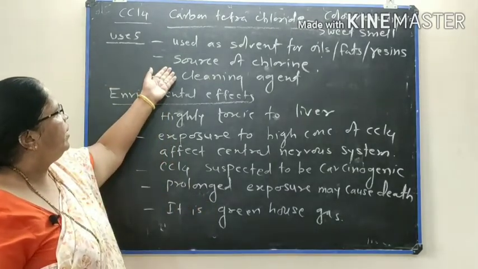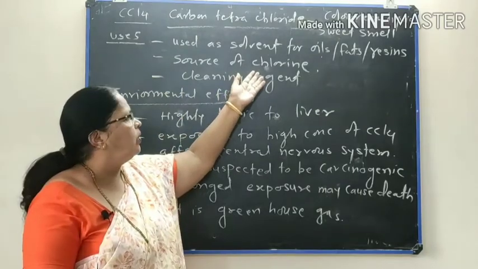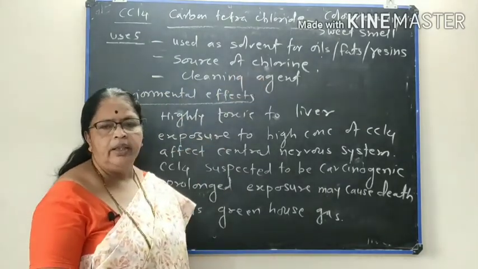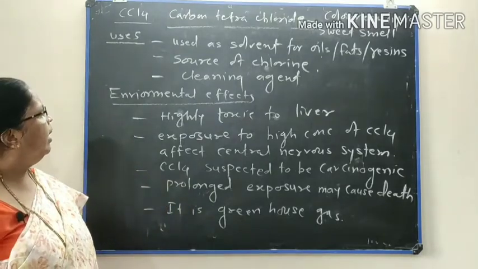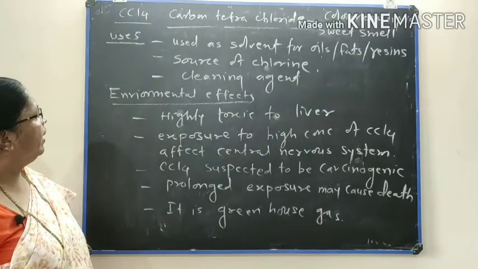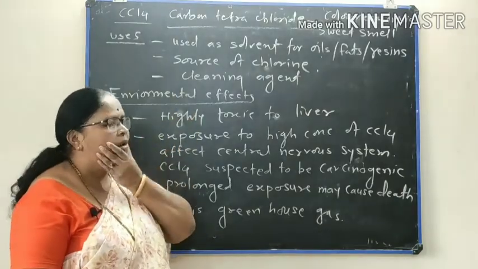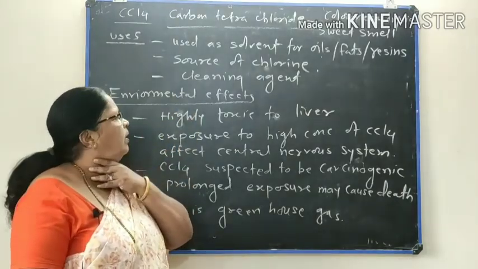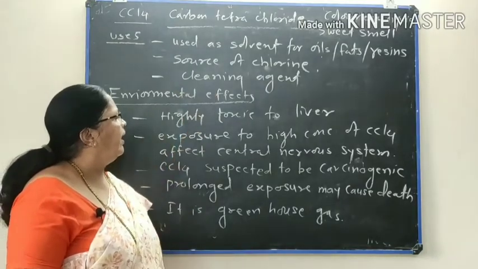Next, it is used as a source of chlorine. And third use, as a cleaning agent. Chlorine is obtained from carbon tetrachloride, and that chlorine is used as a bleaching agent. So mostly you can see that carbon tetrachloride is used as a cleaning agent.